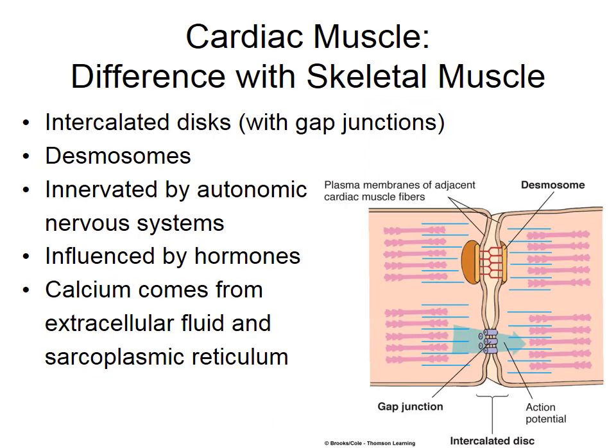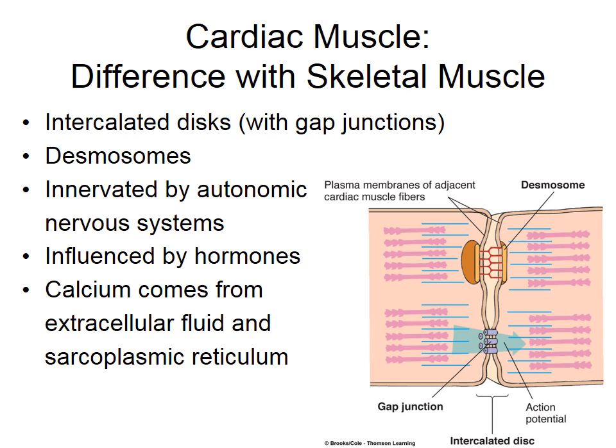Okay, now let's talk about differences between cardiac muscle and skeletal muscle. Cardiac muscle has those intercalated discs, so there's desmosomes and gap junctions connecting adjacent muscle fibers. That does not occur in skeletal muscle. Cardiac muscle is innervated by the autonomic nervous system. Which branch of the peripheral nervous system innervates your skeletal muscle?